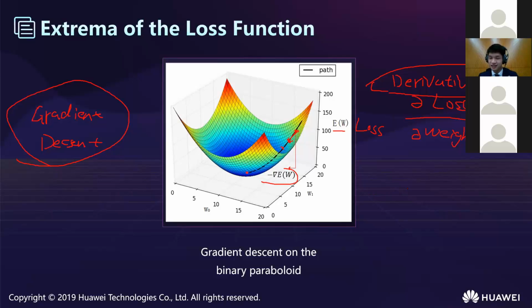Yes, we need to multiply the learning rate and the minus gradient here, and then update the weight. Ah, okay. That is the new weight. Okay, I've understood. So that is the learning rate. Okay, very good question.